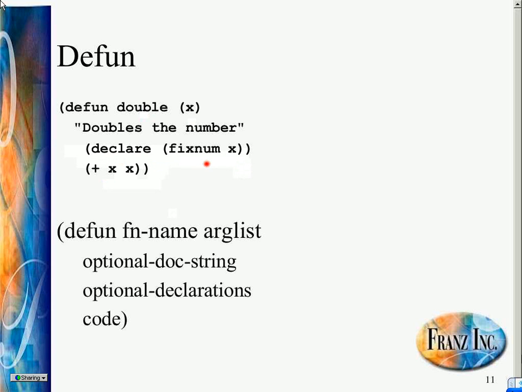And I say tell the compiler because essentially the interpreter, if you ran this function uncompiled, simply ignores declarations. They have no effect on it. The declarations are to tell the compiler, give it information which will allow the compiler to produce a more efficient compiled version of the function.